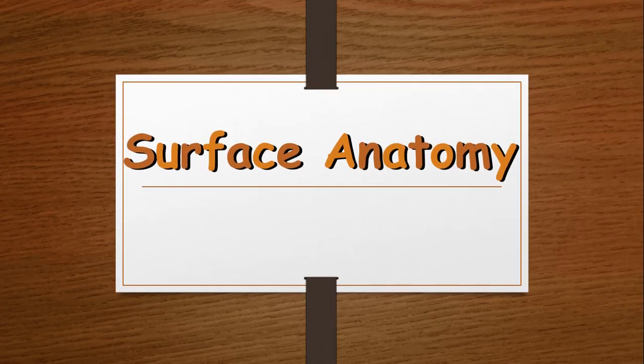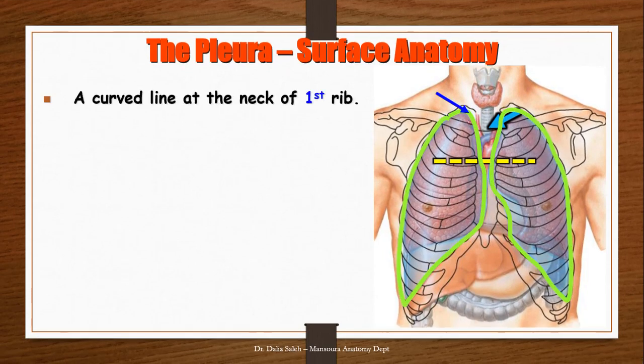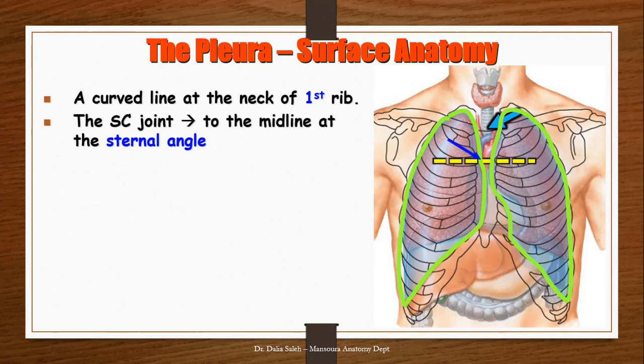And for the surface anatomy of both lung and pleura, we start by drawing a curved line at the neck of the first rib, and then it passes behind the sternoclavicular joint to the midline at the sternal angle.